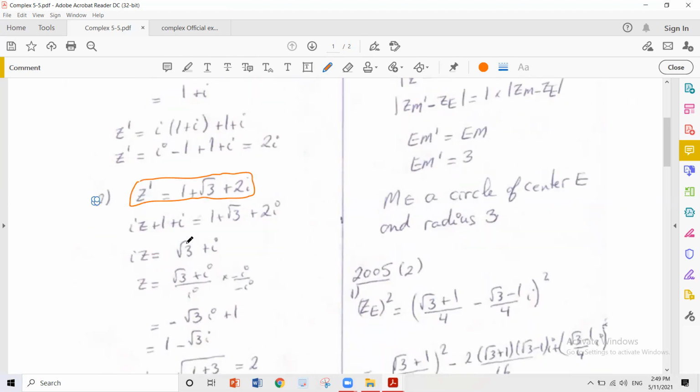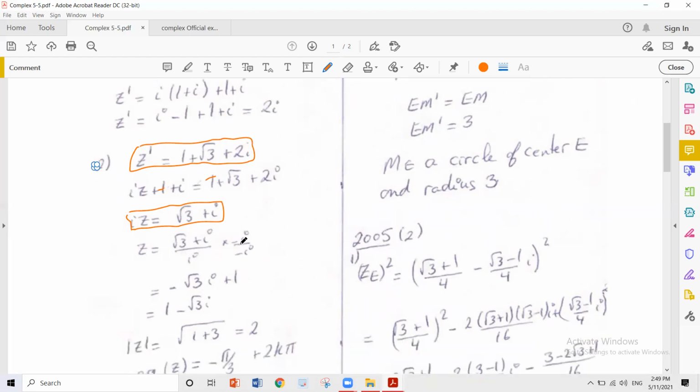Then iz equals, after simplifying the 1 and the 1, radical 3 plus 2i minus I, which is I. So z equals radical 3 plus I over I. I change it to algebraic form by multiplying by minus I over minus I, or you can use the calculator.